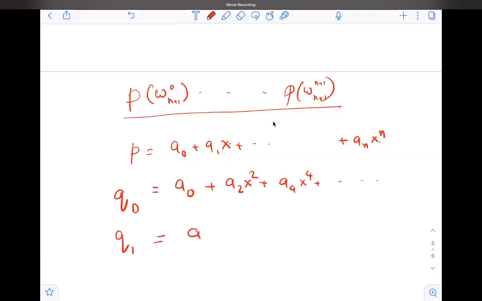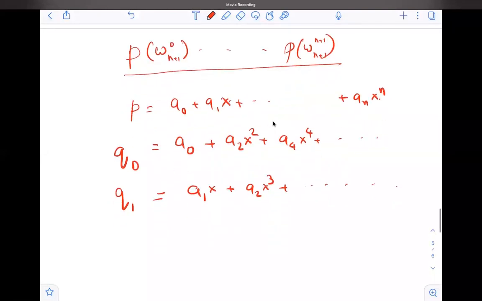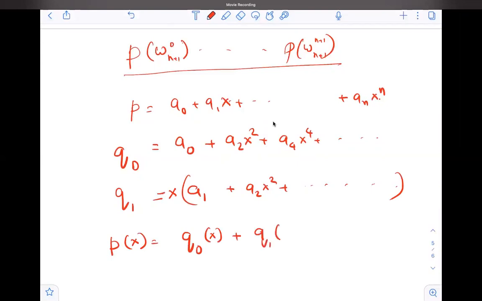Q1 is A1 x plus A3 x cube plus all the odd ones. If I take x out from all of them, P of x is nothing but Q0 of x plus x times Q1 of x, right?